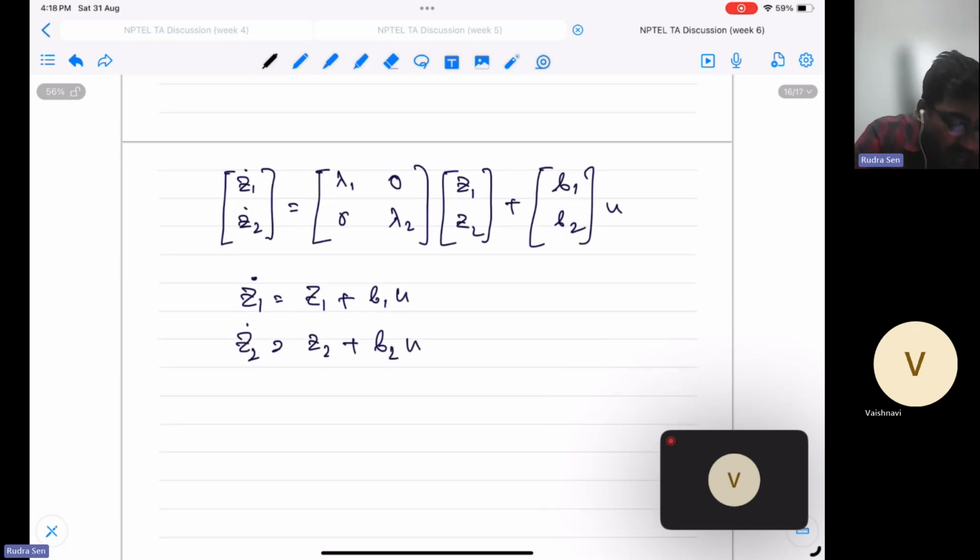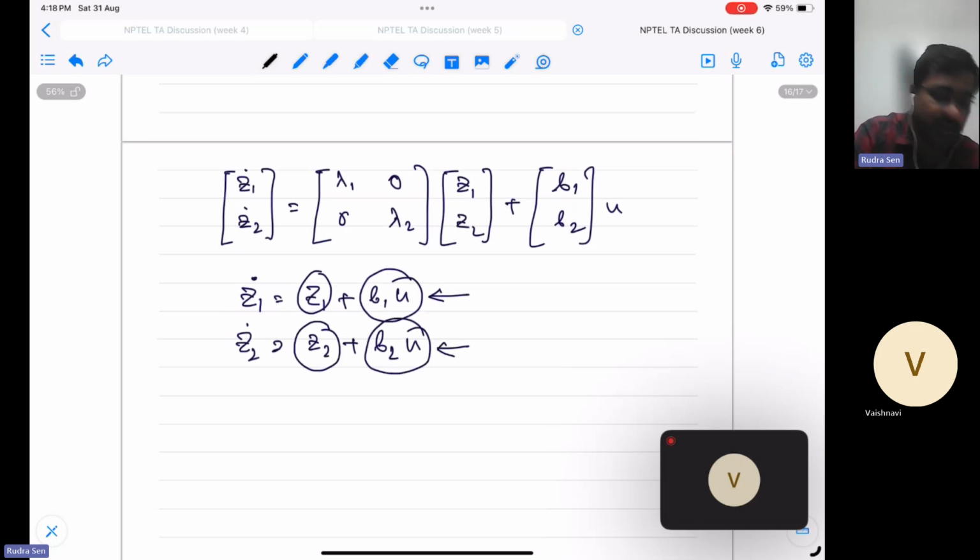So that means u should be there in the first case to control state 1, and u should be there in the second case to control state 2. There is nothing like state 1 being controlled by state 2, right?